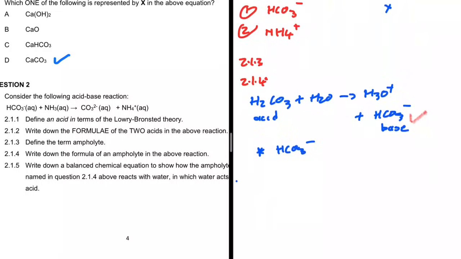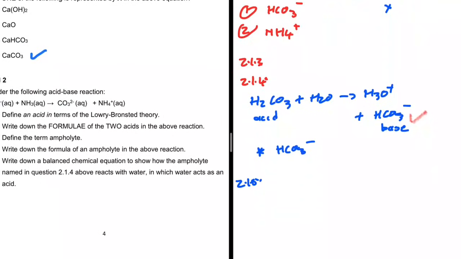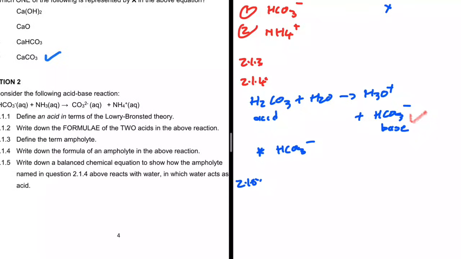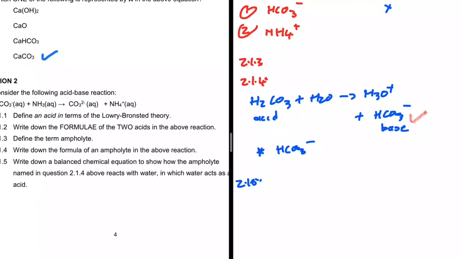2.1.5, write down a balanced chemical equation to show how the ampholyte named in question 2.1.4 above reacts with water, in which water acts as an acid. Okay, let's see. HCO3 minus plus H2O.